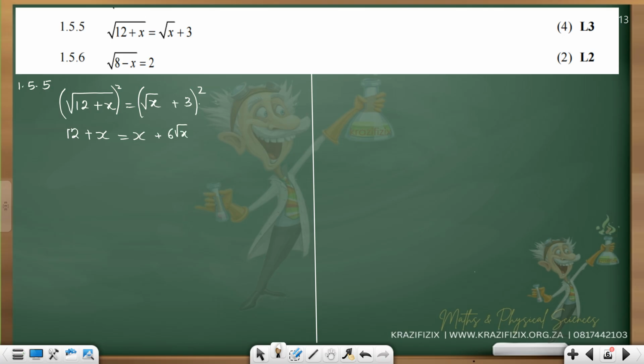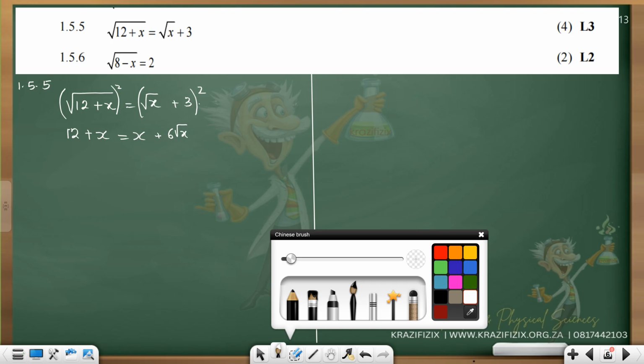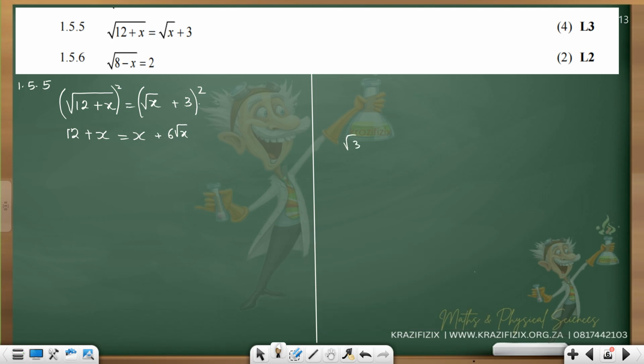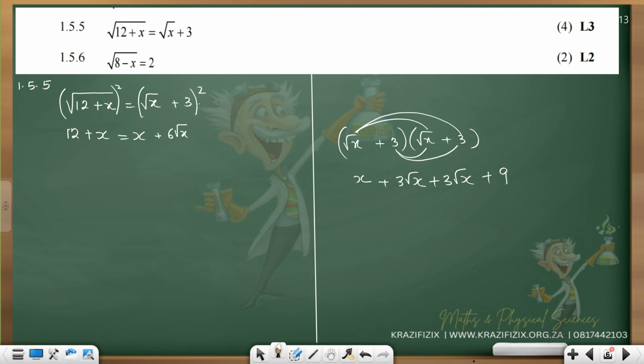I don't know if that makes sense, because this is what you're having. Okay, let's quickly do this. No, plus 3 rather. So we say this times this, which will give us x. That times that will give us 3 root x. This times that. Do you see? That is why we always multiply by 2, and that will give us 9.